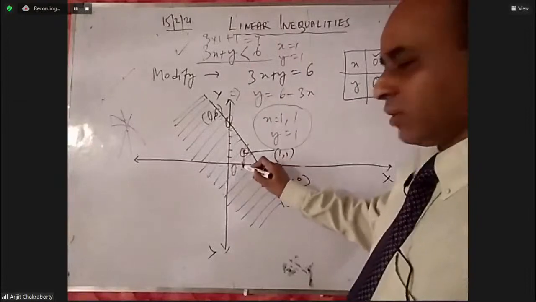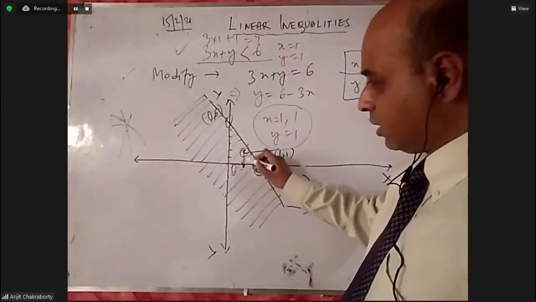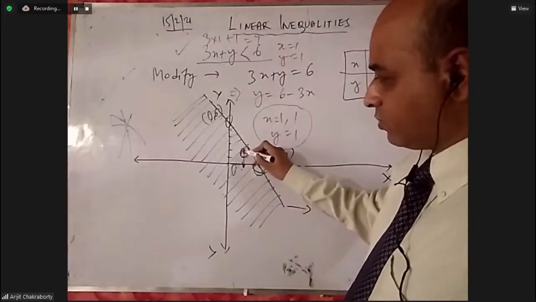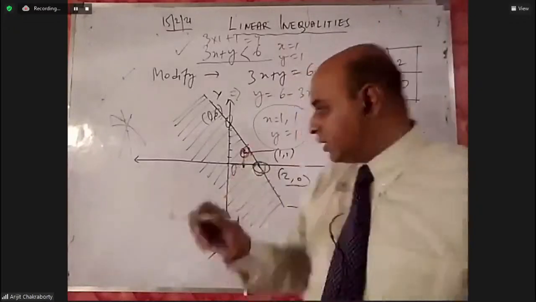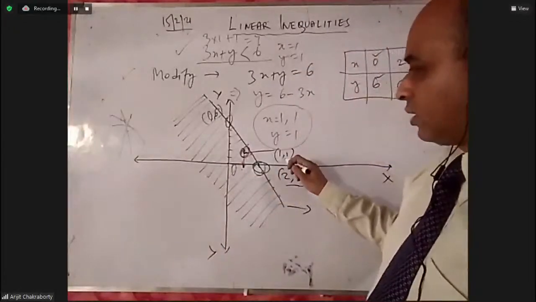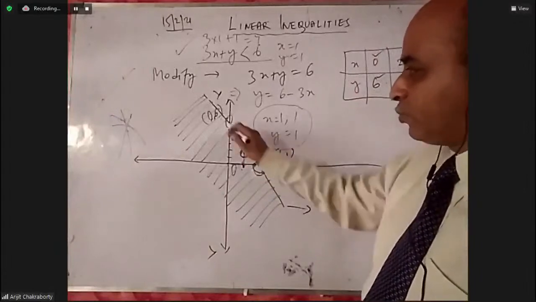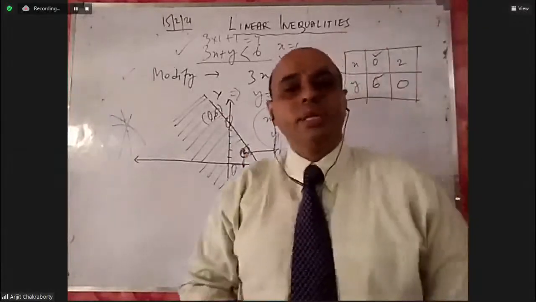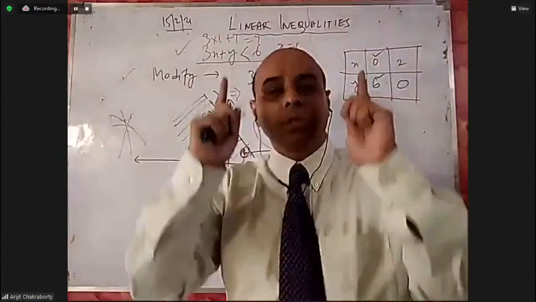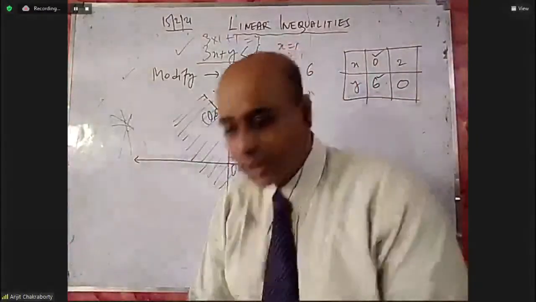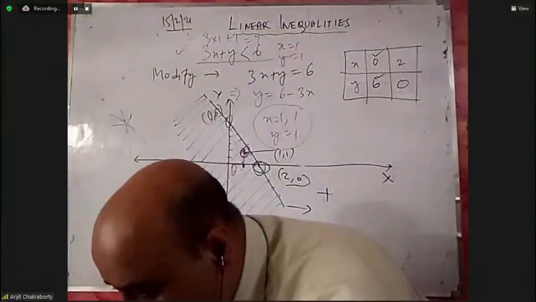So 1 will be somewhere here. I take 1 here. This point which I have marked in red color shows 1 and 1. Please see this is within the shaded area, which means it falls within the solution set for the inequation, right? I hope now you are clear and you have understood.